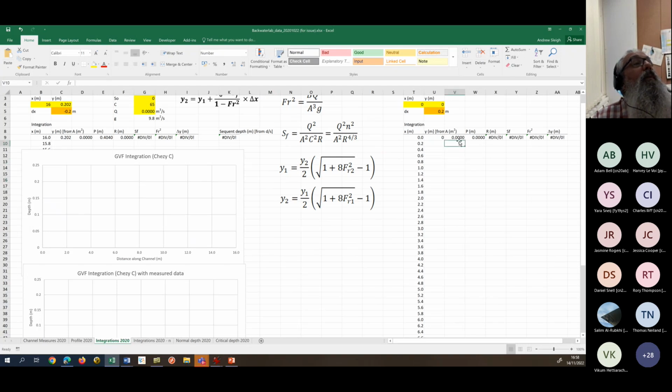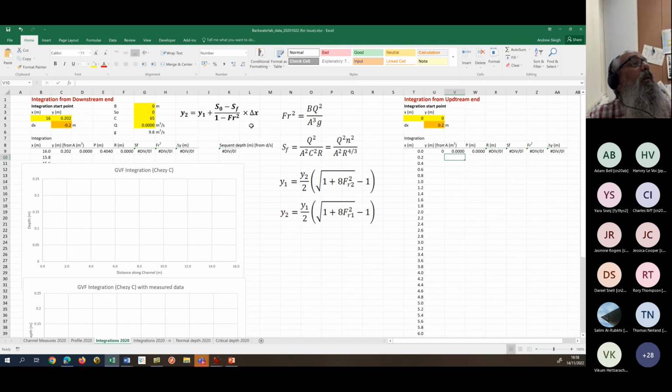So okay, now I've said I think you should use the standard step method like we did in the direct step method like we did in the lecture the other day. This explanation here is more of a Euler method. You can work out which one you want to do.